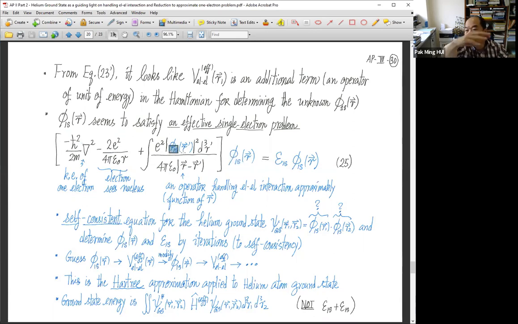I will have not only one equation, but two equations. But both depend on the solutions. So you have to make two guesses. Then you construct the operator for the two equations. You get two outputs. You compare the two inputs with the two outputs, you get convergence.